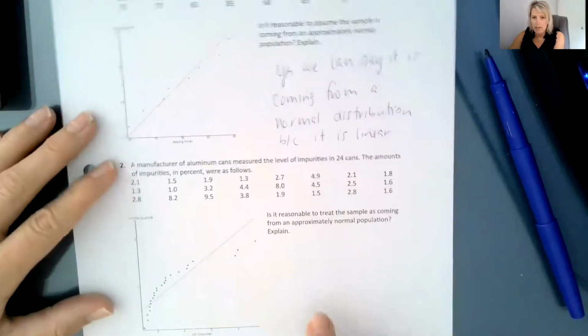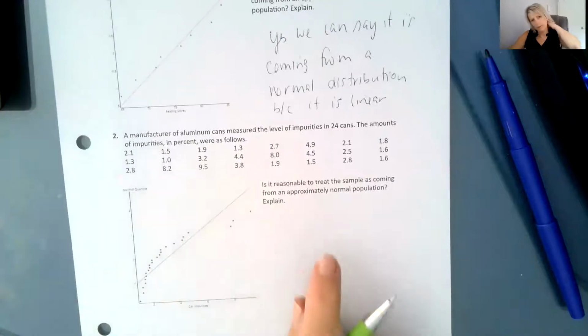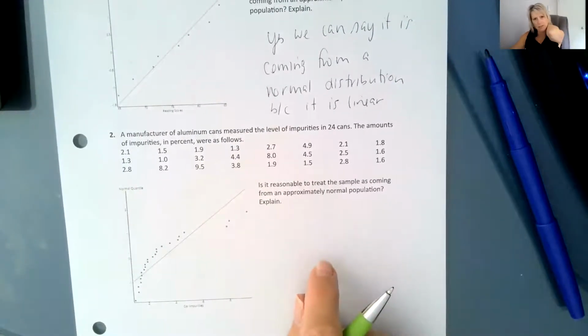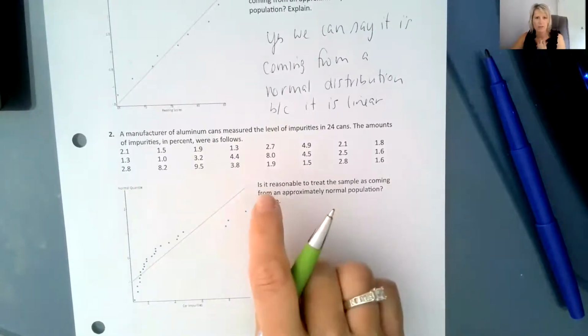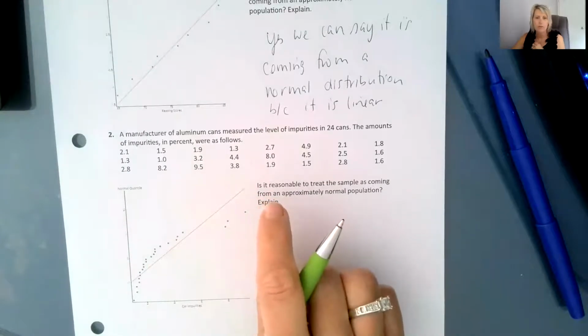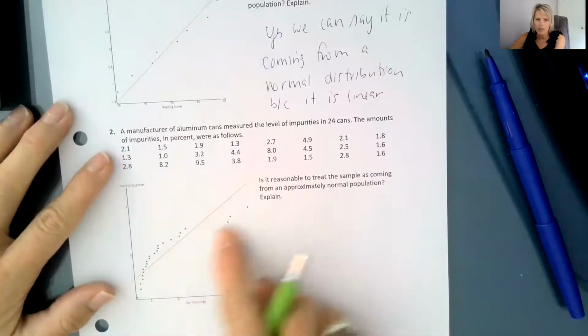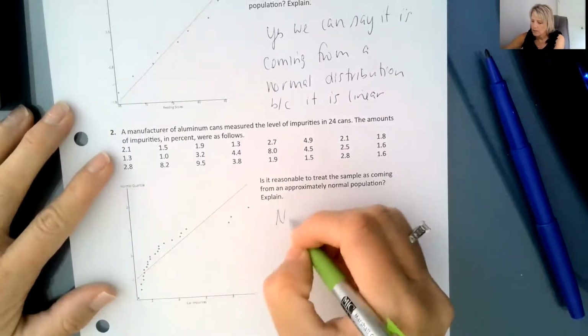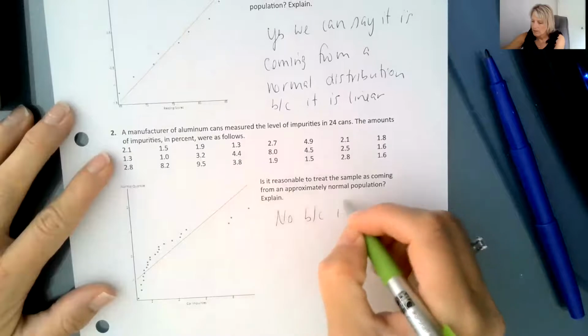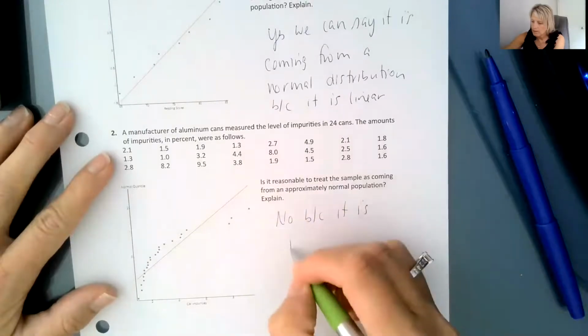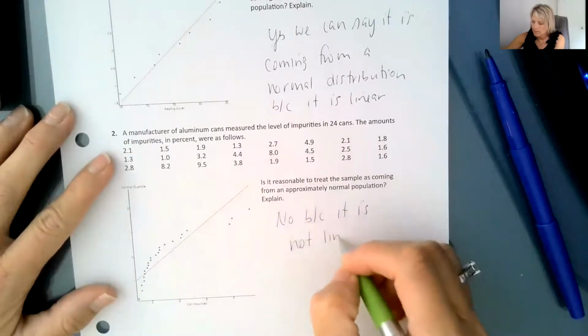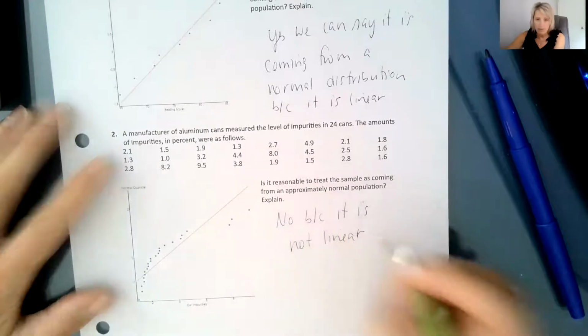And then the one below says, is it reasonable to treat the sample as coming from an approximately normal population? And we'd have to say, no. This is on the level of impurities in 24 aluminum cans. And that's no, because it is not linear. And that's all we have to say.